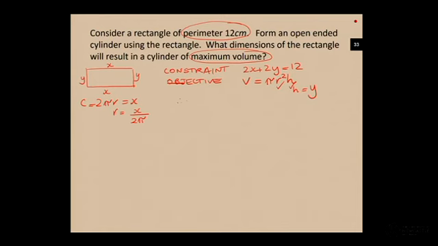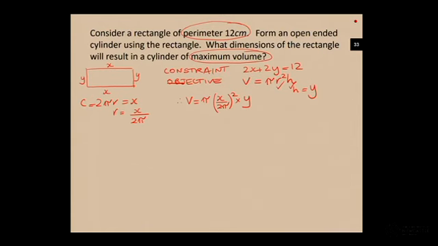So here we go. Volume will now be pi times the r, so I'll substitute and I'll square, times the height, which is y. Now you can sort of see where this is going. It's not as pretty as the others, so it's got a little bit more work to do. I'm going to expand this.